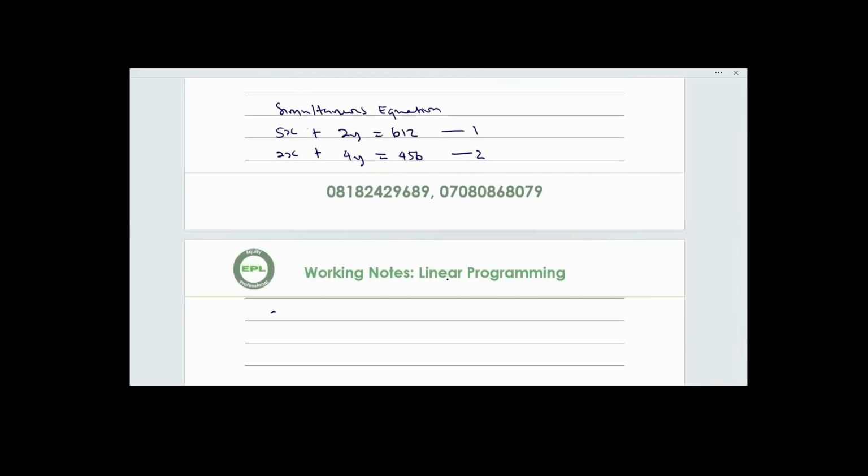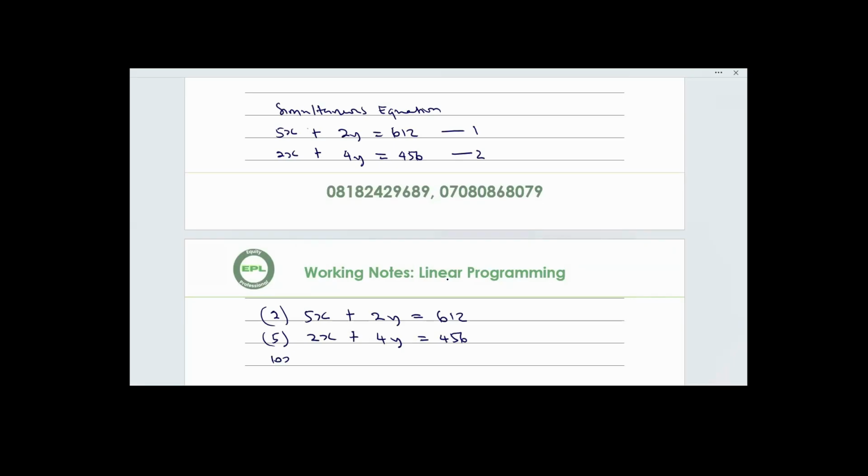So 2 multiplied by 5x plus 2y equal to 612, and 5 multiplied by 2x plus 4y equal to 456.